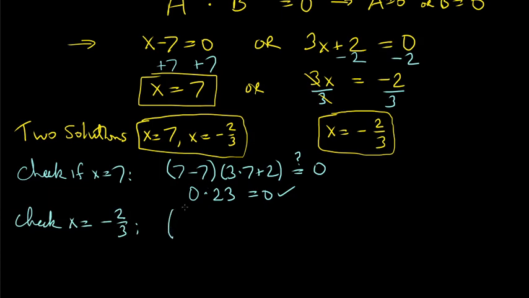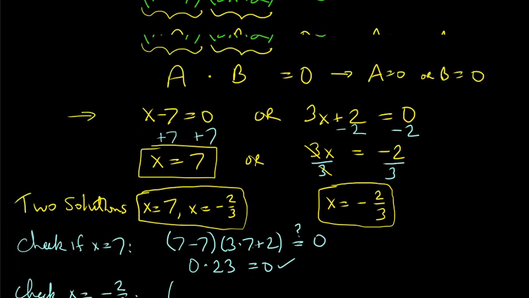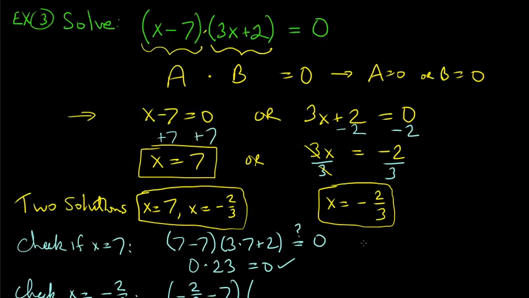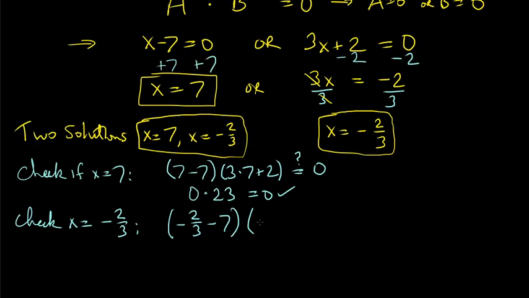So now the original equation, which is way up here, right? x minus 7. So that's going to be negative 2/3 minus 7, times 3x plus 2, right? So 3 times negative 2/3, that's the x here, plus 2. Does that equal 0?